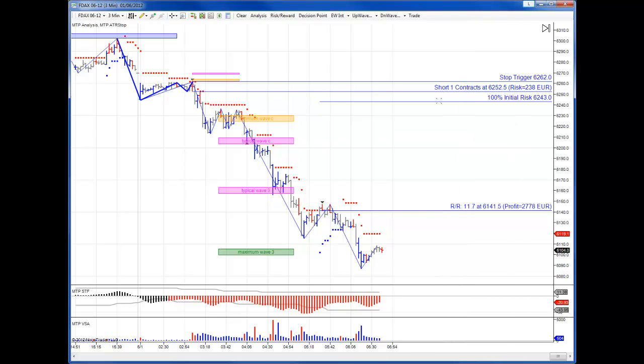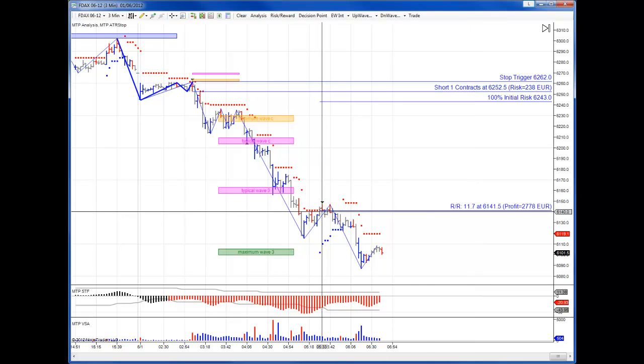Now remember, we use correct position sizing here to keep our risks small and under control. So in this example, to keep our risk less than 2% of a 20,000 euro account, it meant only trading one contract. So that's what we use there, our correct position sizing. So therefore this would have turned a 238 euro risk into approximately 2,700 euros, or a profit of approximately 11.7R, or 11.7 times the initial risk.